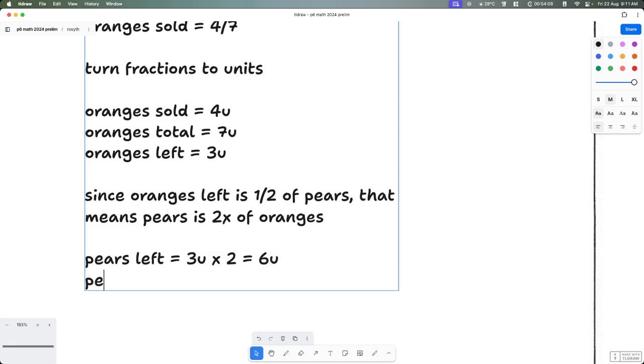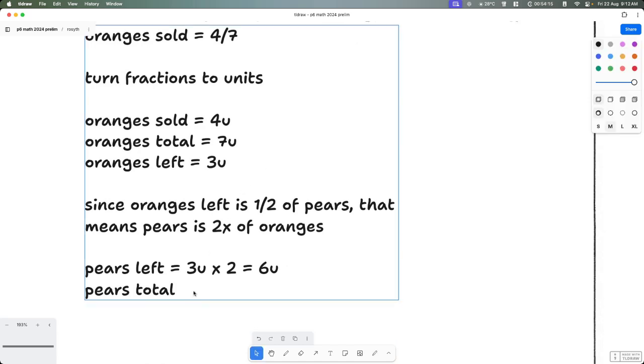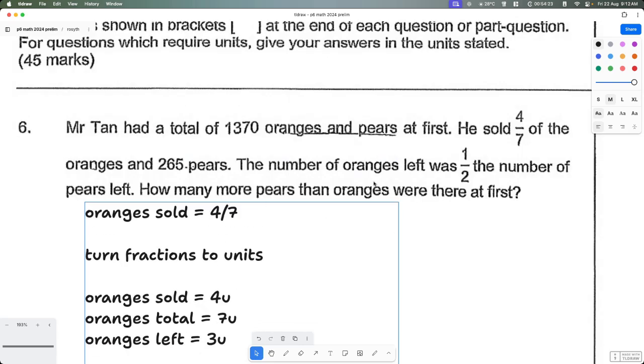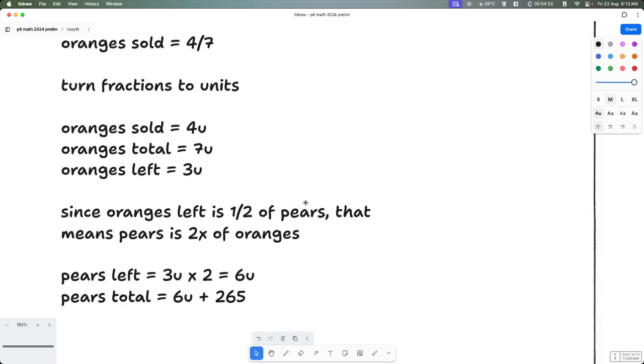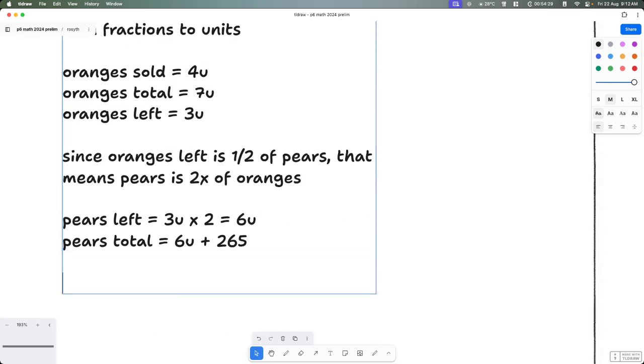So we also know the pears sold in this case, which is basically 265 pears. So pears total is equal to 6 units plus 265. Okay, so we also know that the total at first is 1370.